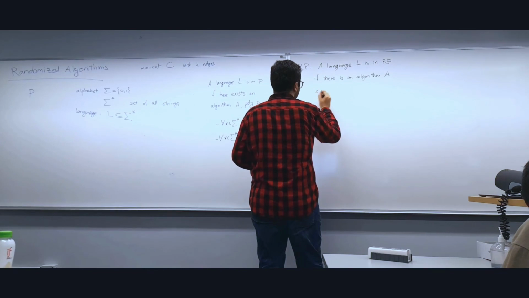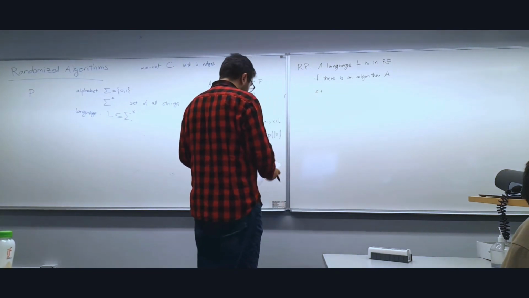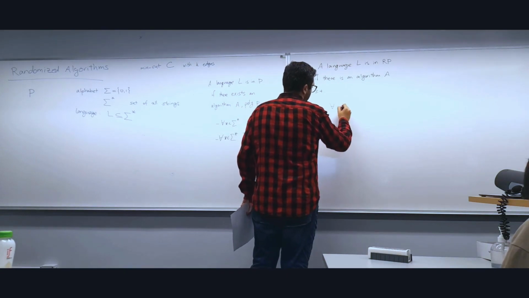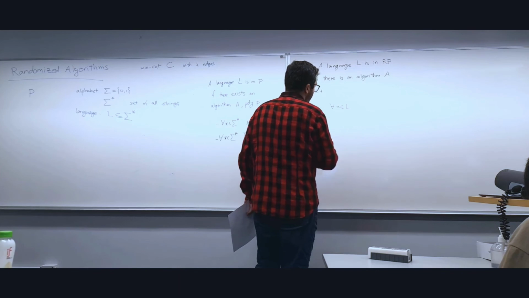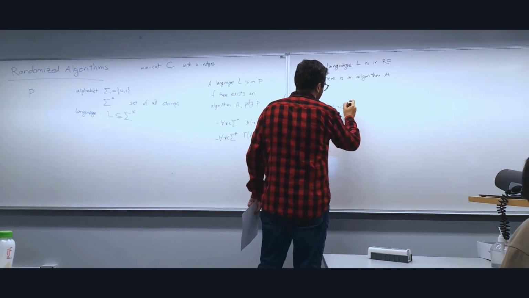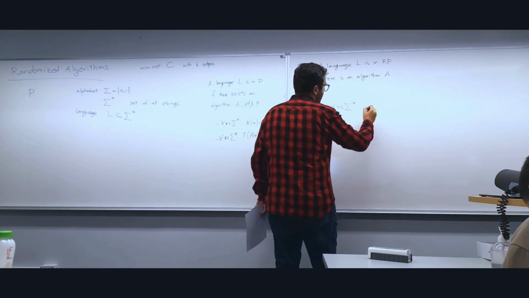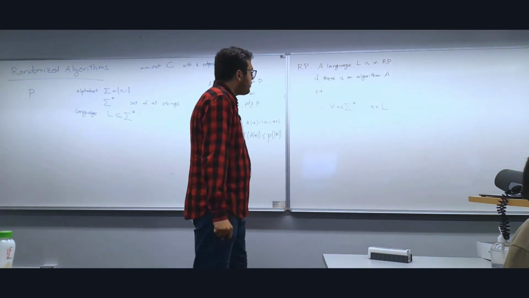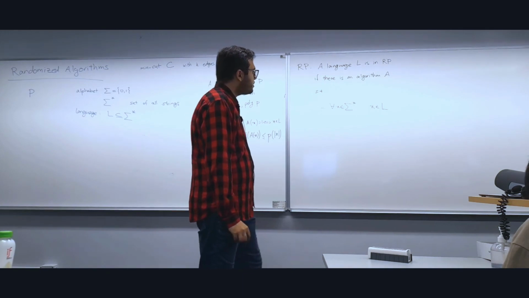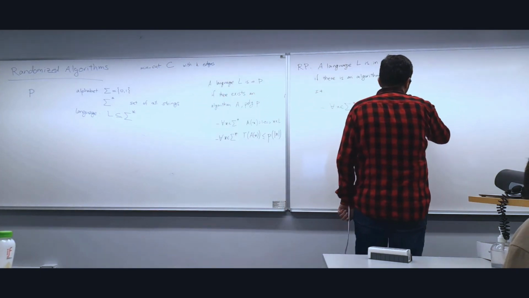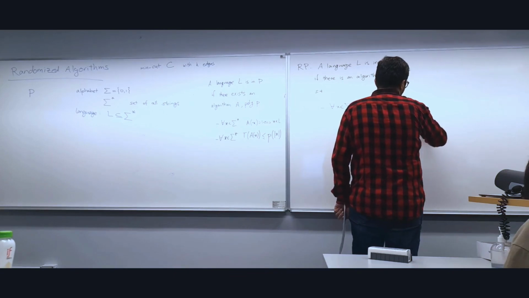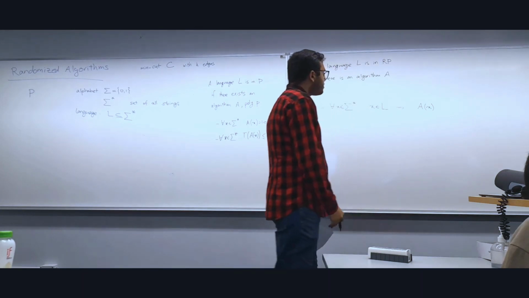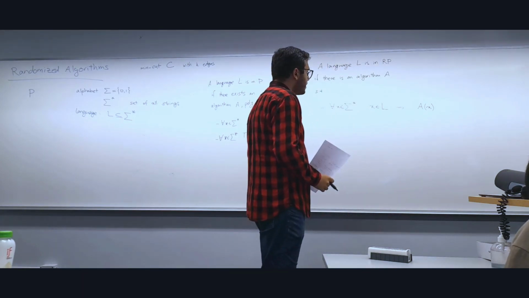such that, okay, so here's the part where it gets interesting. So let's say I take some string X, and let's say that the string X is in my language L. What I want to say is that if I run this algorithm on X, then with a large probability, it will tell me yes.